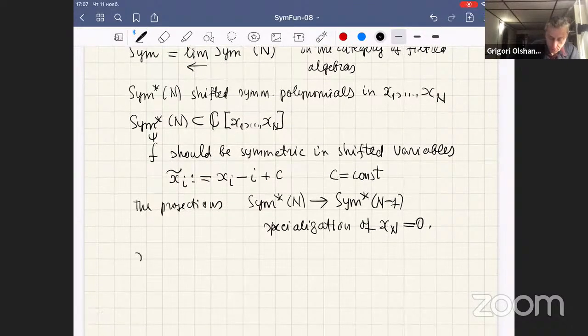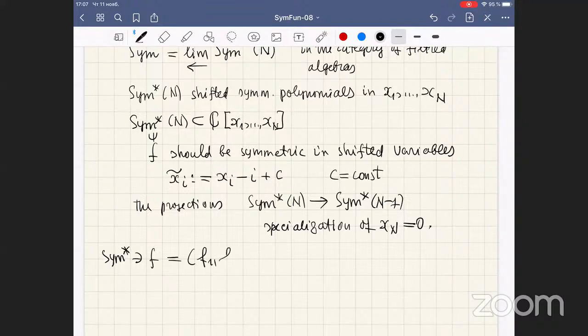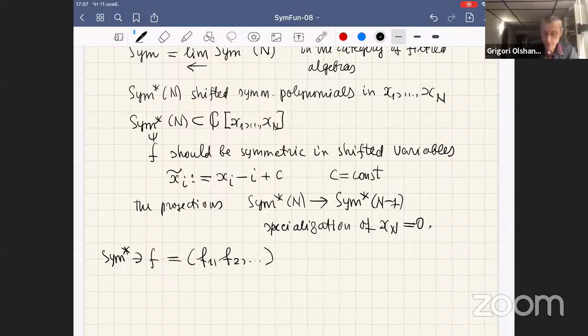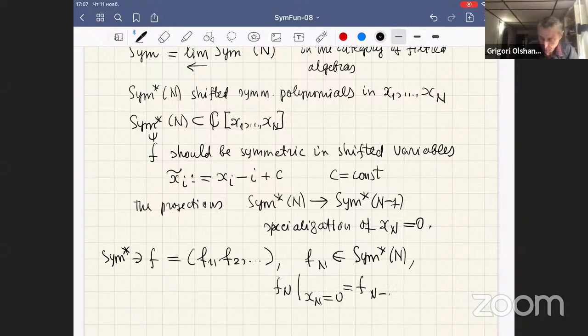This means that an element of the algebra of shifted symmetric functions is by definition an infinite sequence, such that the component number n, Fn, belongs to the algebra of shifted symmetric polynomials, and if we specialize the last variable to 0, we get the preceding polynomial.